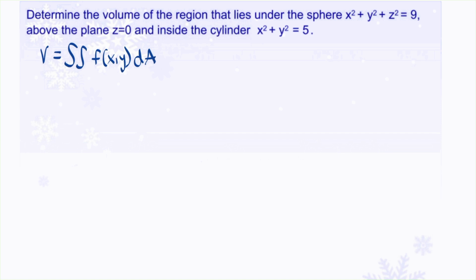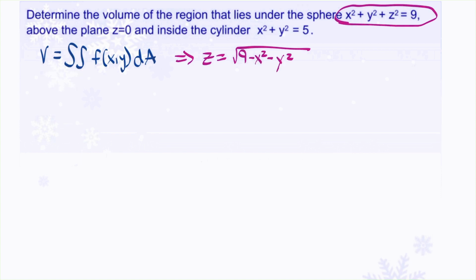So since this is a sphere right here, I am going to need to solve for z so that I can have an f of xy. So solving for z, I get z equals the square root of 9 minus x squared minus y squared.